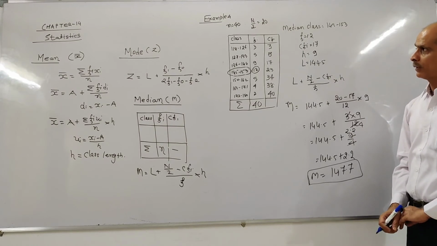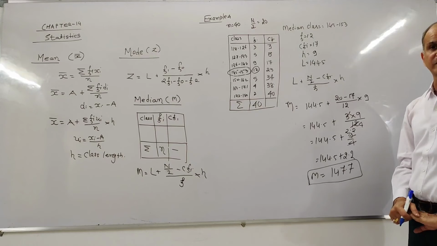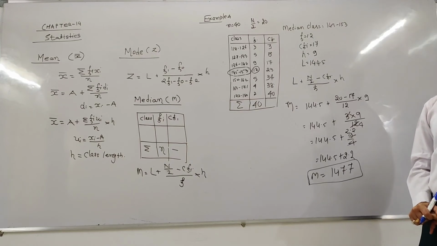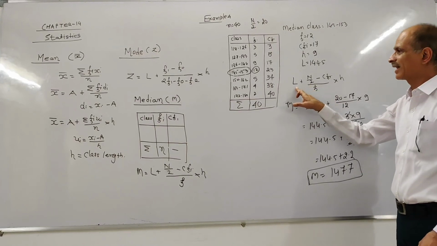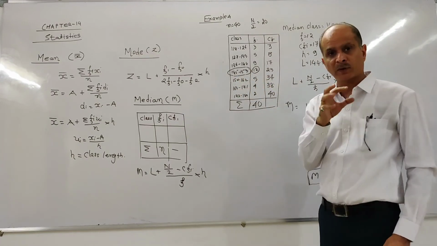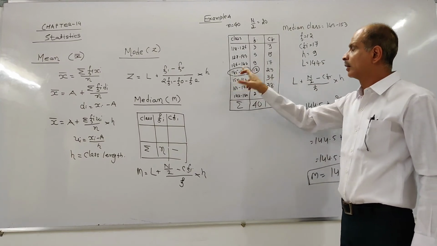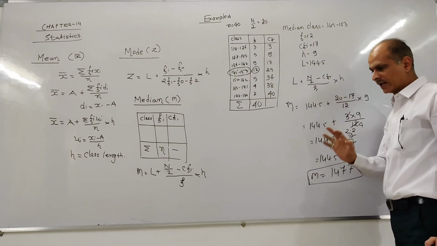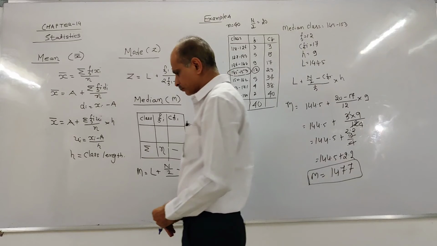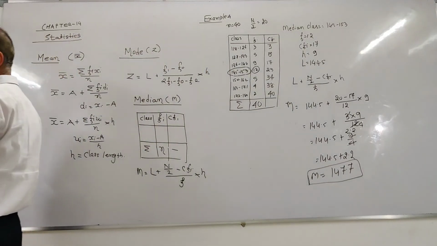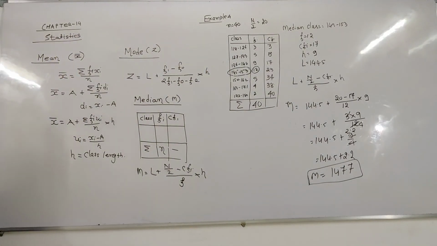So first of all, you have to convert this inclusive frequency distribution into an exclusive frequency distribution, and then select L. In this example, L is not 145, but when you subtract 0.5 from 145, you get 144.5, and that is your L. So here we have solved two examples to find the median of data, that is, example number 3 and example number 4.